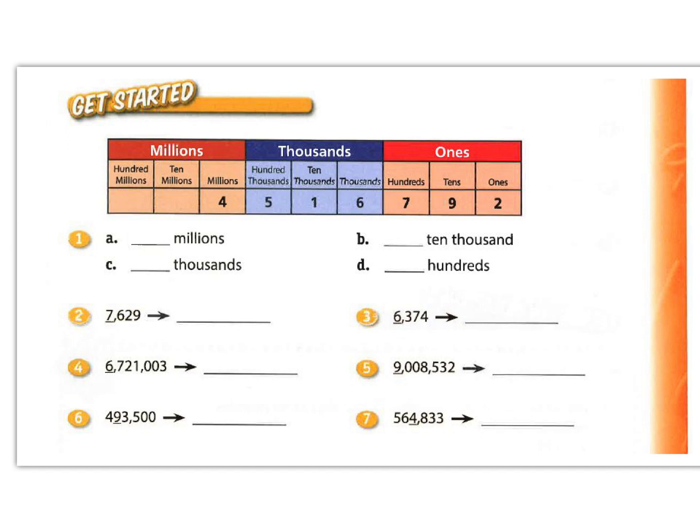All right, so if we look here, this is some review of things that we've been doing. This number, we have 4 millions, thousands, 10,000s, we have 1 10,000, we have 6 thousands, and then 7 hundreds.